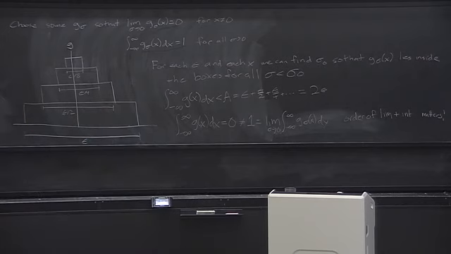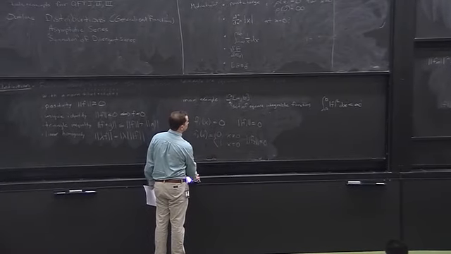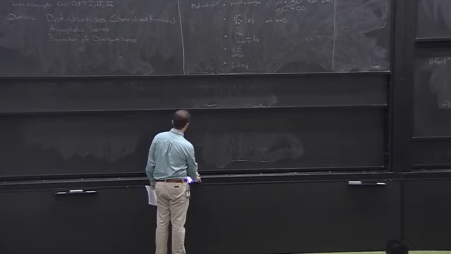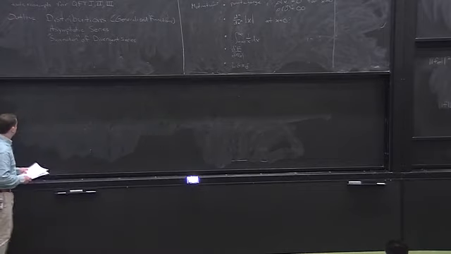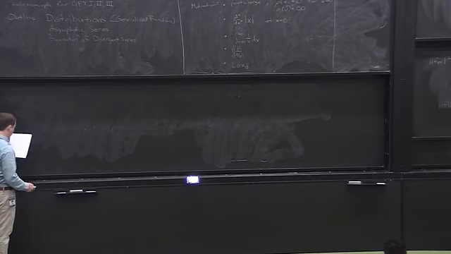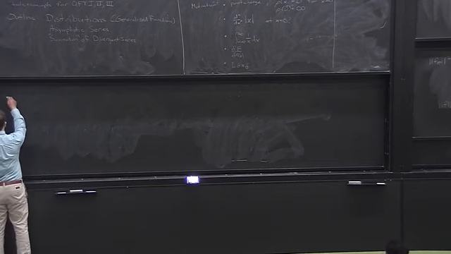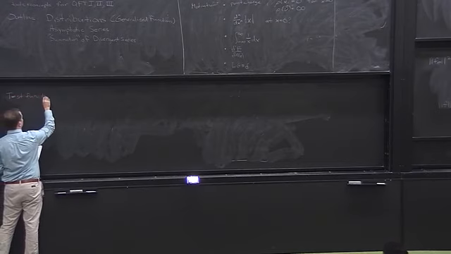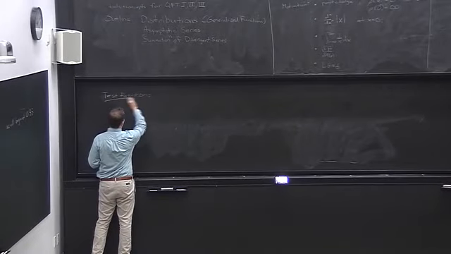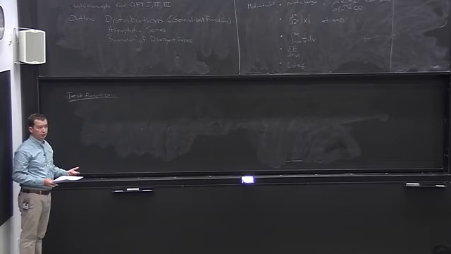And so that's going to be our starting point for defining distributions. So distributions are maps from functions to the real numbers. And we need to specify what functions we want distributions to work on.